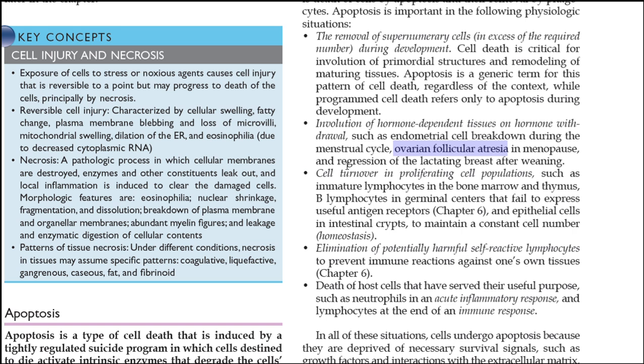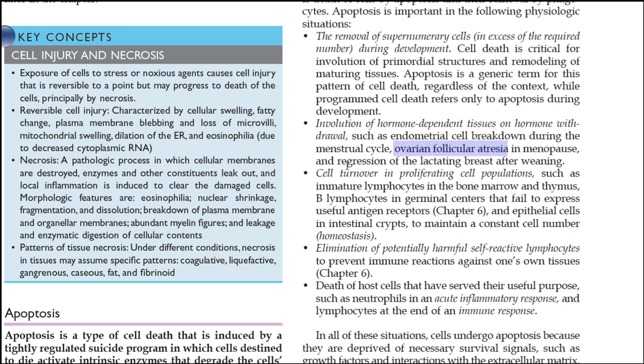Apoptosis is regulated by hormones. There is hormonal regulation in the menstrual cycle, and hence it triggers apoptosis, and endometrial cells break down.